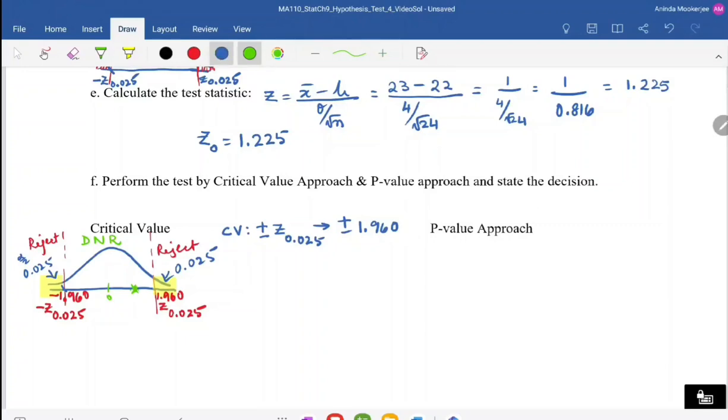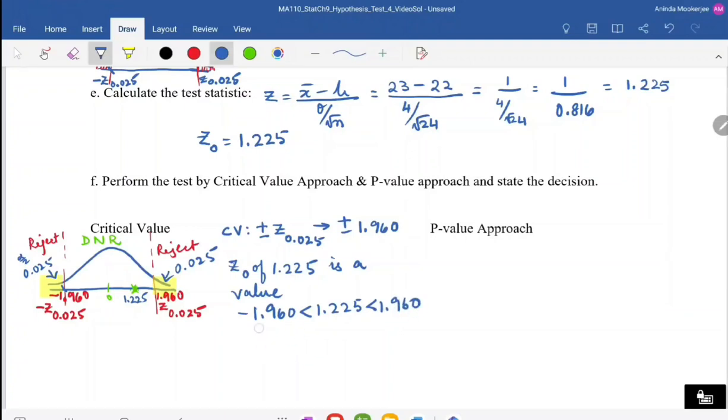All right, but the way you're going to write this out and explain how you come to your decision, you have to say here that the test statistic value z sub 0 of 1.225 is a value between, you can write it in the mathematical way, negative 1.960 less than 1.225 less than 1.960.